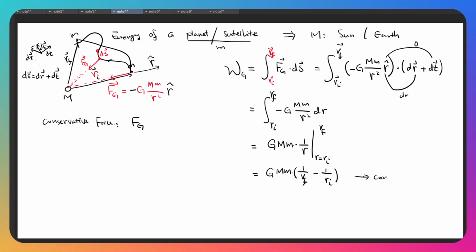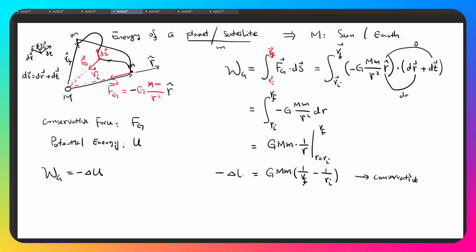So it's conservative. Now, for a conservative force, we can define potential energy. The definition is Wg equals negative delta U. So let's do that.